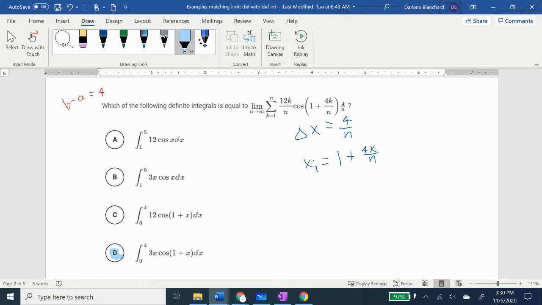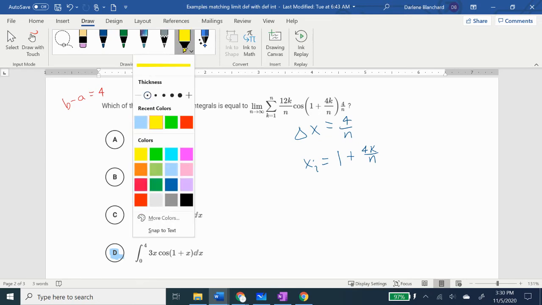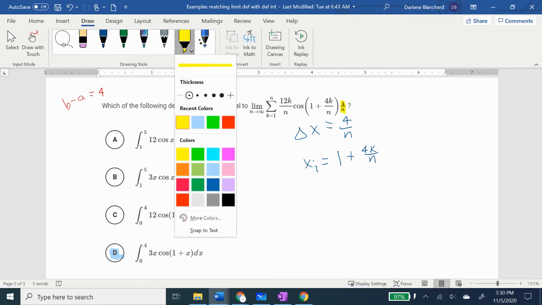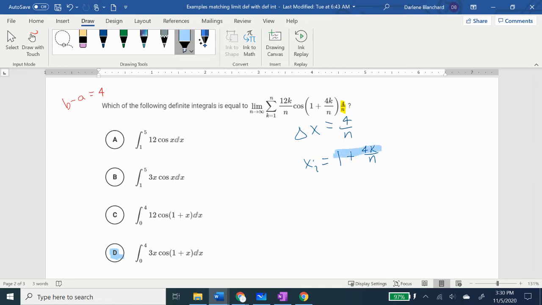Now, I have to set aside my 4 over n for my delta x. Then I have to look for everywhere that there is a 1 plus 4k over n.